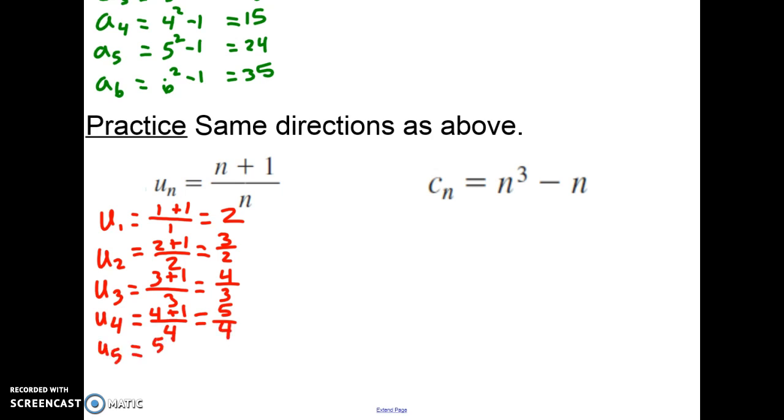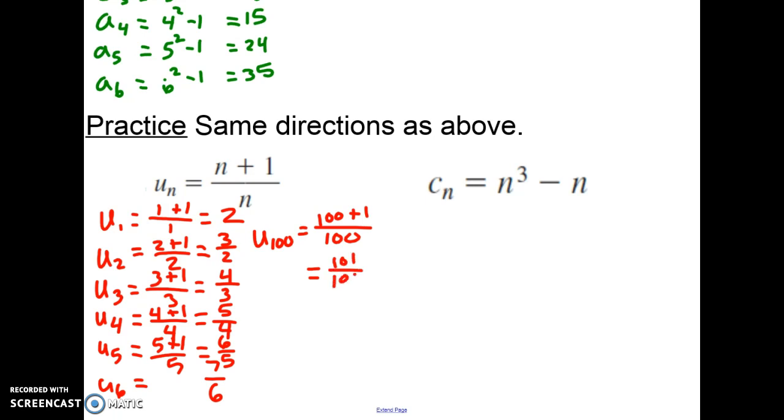If you keep going, 5 plus 1 over 5, you might not even have to write it out. u of 6, that just means that 7 is going to be in the numerator, and 6 is going to be in the denominator. And then finally, u of 100, that would be 100 plus 1 over 100, and that would just mean that's 101 over 100.